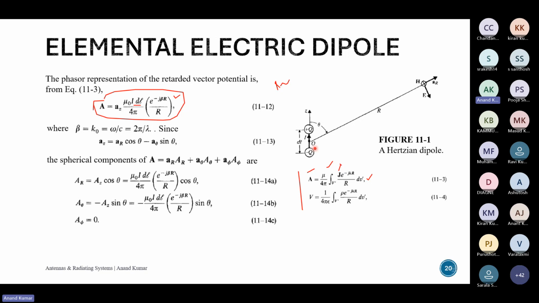But now you have to find the electric and magnetic field, and calculating them would be much easier in a spherical coordinate system. So we'll shift the vector potential to spherical coordinates, for which we just refer to the textbook on how to change this.